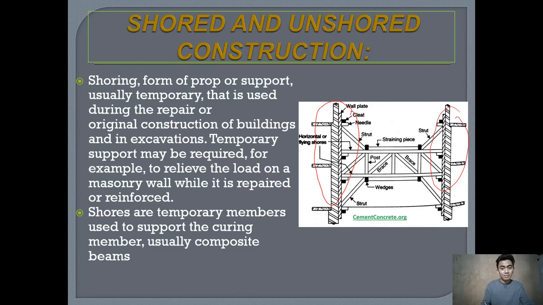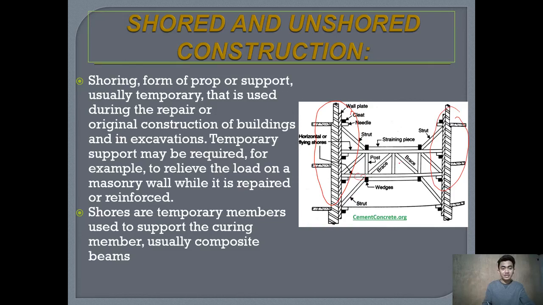All right. But in our case, since we are talking about composite beams, it says here, shores are temporary members which are used to support curing members, which are usually composite beams. As I have said earlier, the shores, this part of the diagram here, take a good look at the arrow, horizontal flying shores, are used to support curing members.